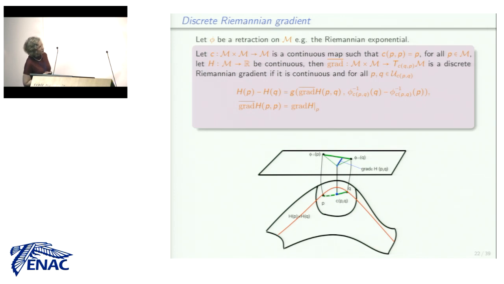Suppose that the two points are on the same level set. Then I have to find a common tangent space, associated to this point C here, from which to look at my problem. If I look at the difference of the two images of P and Q in the tangent space, then the discrete gradient should be orthogonal to this line here.